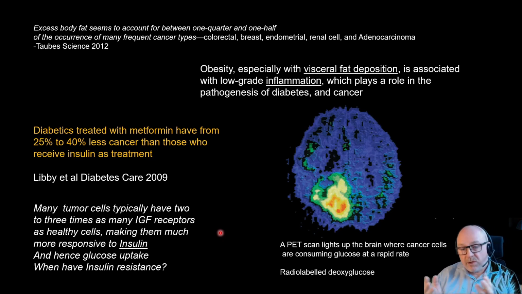Just because one cell becomes carcinogenic and starts to grow doesn't mean it will survive. It doesn't have the easiest time. But if you can change the environment for the better for the cancer cell, it will do better. If you provide it with more glucose, it will do better. Food for thought.